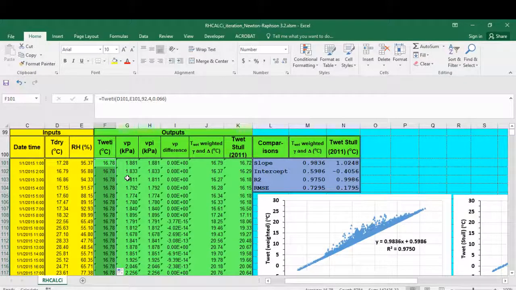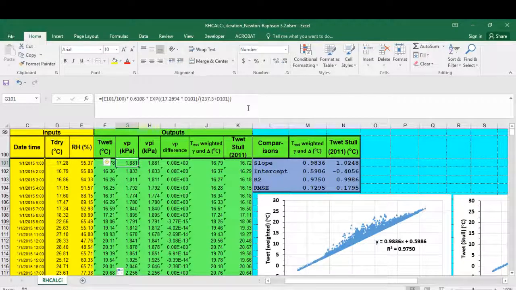To automatically calculate the updates, press function F9, and you can see it going through the iterations 16-20%, and it's finished. So it's quite efficient, 5 iterations per hourly line. I've then calculated the vapor pressure from that dry bulb and relative humidity.